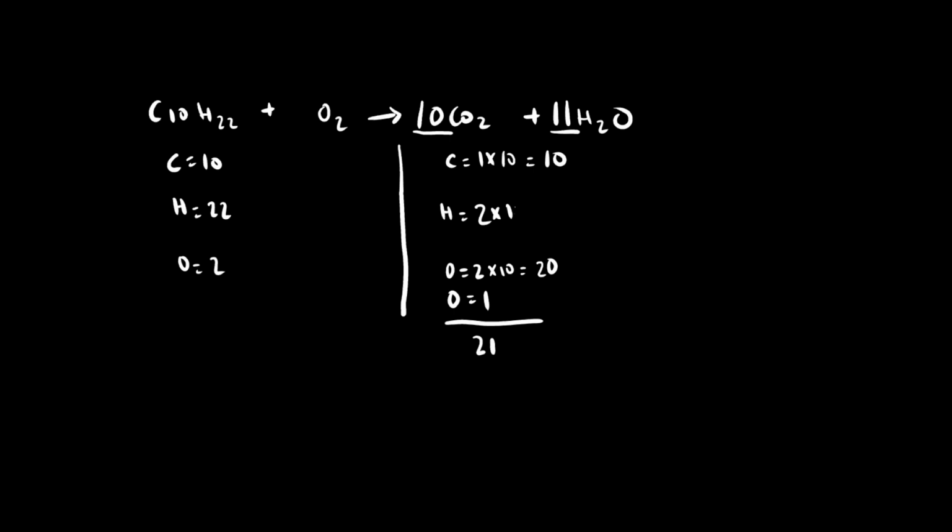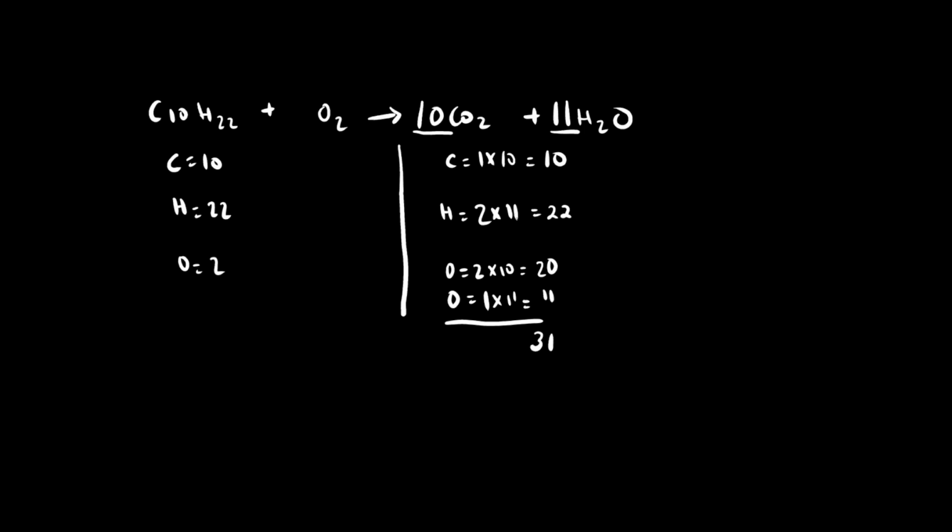So now we have 22 hydrogen on the right, and a total of 31 oxygen on the right. We've balanced the carbon, we've balanced the hydrogen.